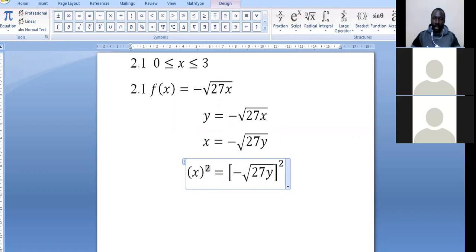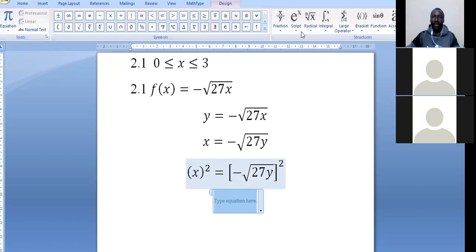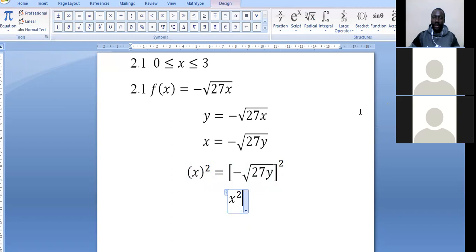Then in the next step, we will be having x squared on the left-hand side, and on the right-hand side, we will now be having the square of this, which is the same as this quantity times itself.